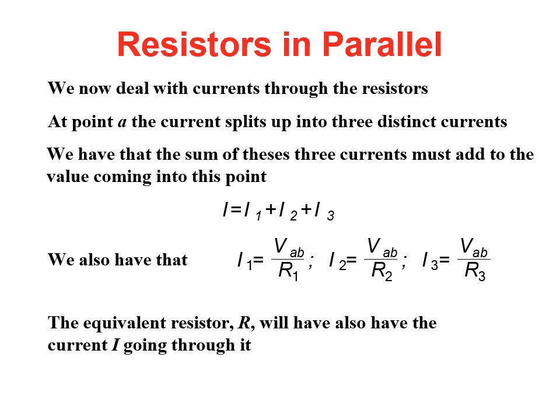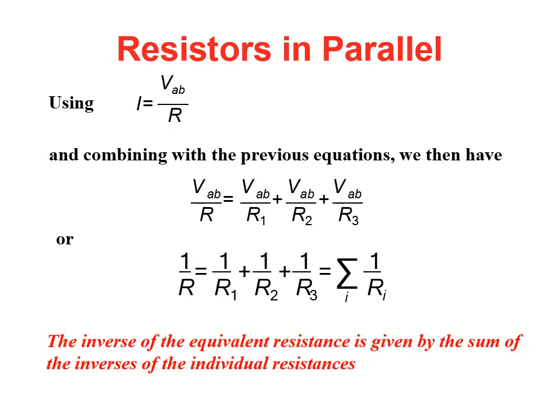The equivalent resistor R, we also have the current I going through it. So the current I is our total current. If you calculate the equivalent resistance R, it will have the total current I. Using Ohm's law, I is equal to V over R. And combining the previous equations, we have that VAB divided by R, so VAB is your total voltage divided by R, which is your equivalent resistance, is equal to the sum of the three currents.